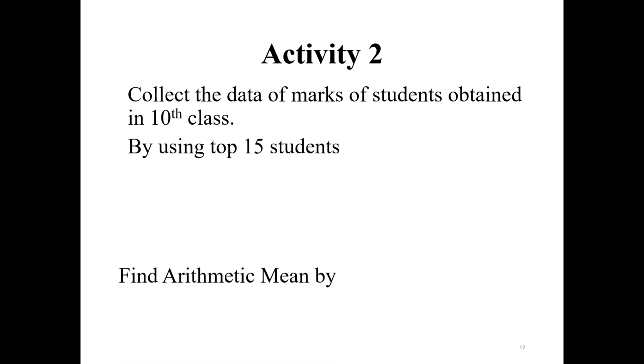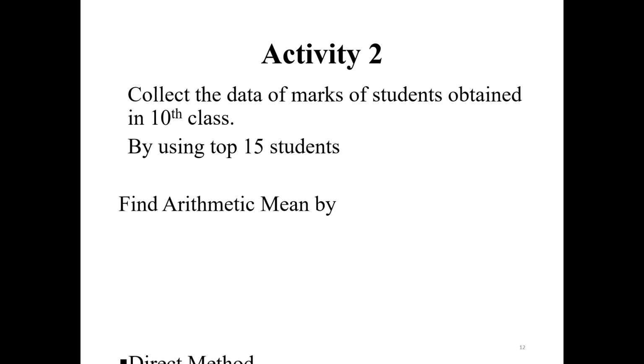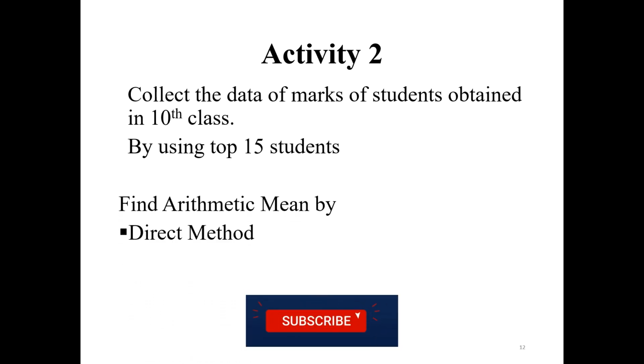And the second question for practice is you have to collect the data from your class and use the marks of the top 15 students to find arithmetic mean by using all three methods which we have learned in this lecture.